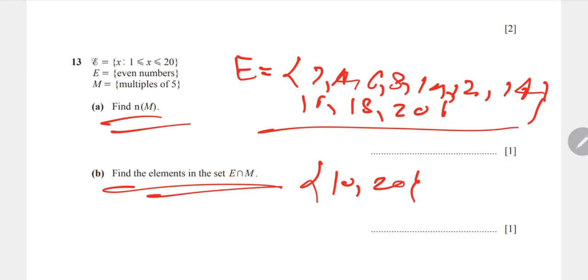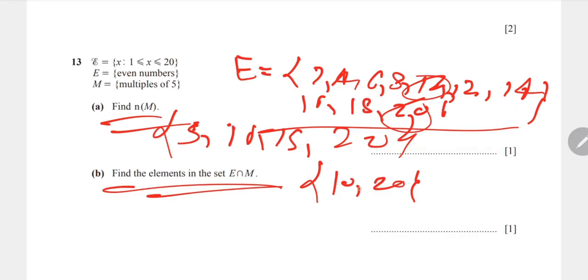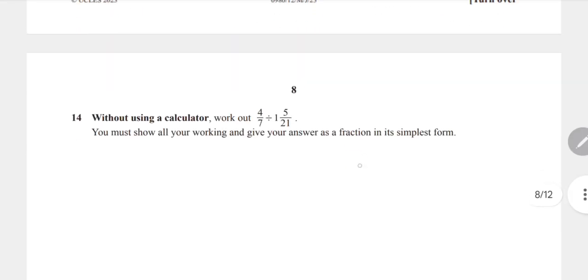If two sets are given and some numbers are common, those common numbers must be written here. Because M has the numbers 5, 10, 15 and 20, and E has these, 10 and 20 are common to them, so the result is 10 and 20. Done. Now to the next question.